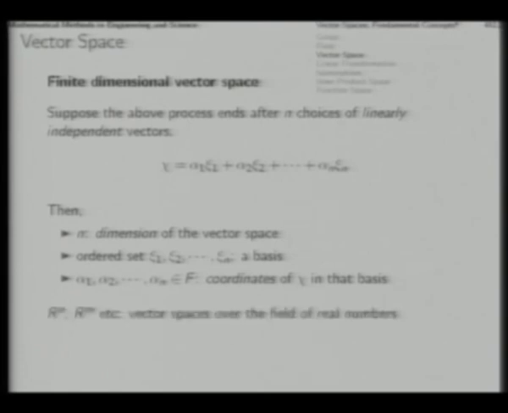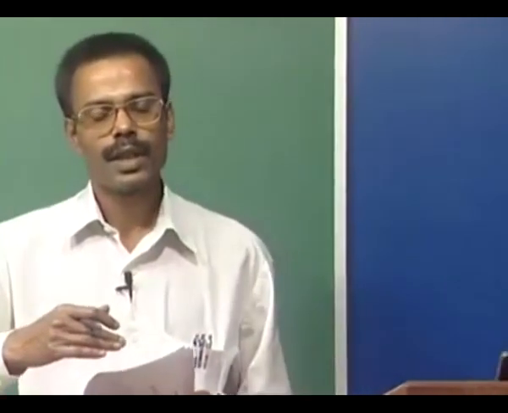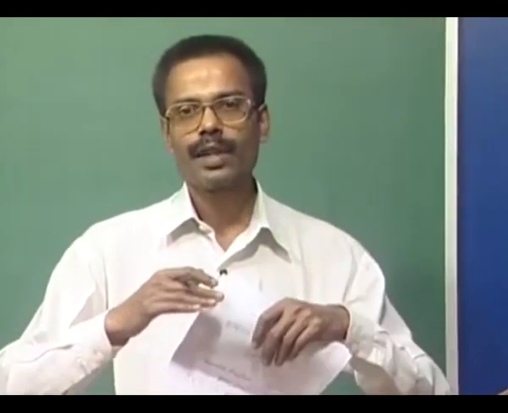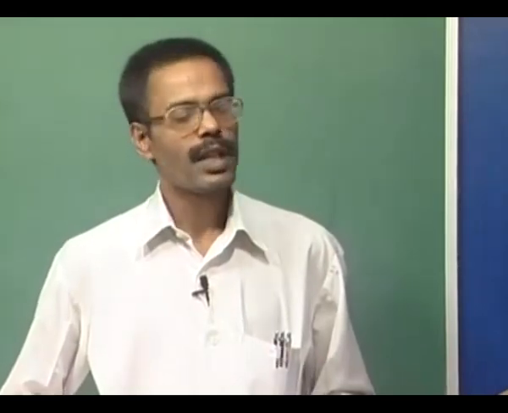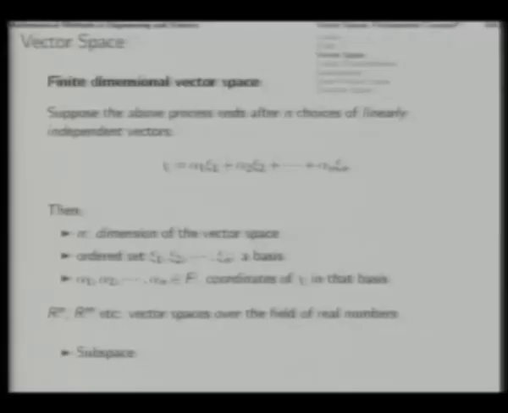Now, we know that Rn, Rm, etc., vector spaces over the field of real numbers, which we have already studied, are such finite dimensional vector spaces. For a vector space, if a subset of it forms a vector space in its own right with the same underlying operations, then we say that it constitutes a subspace.